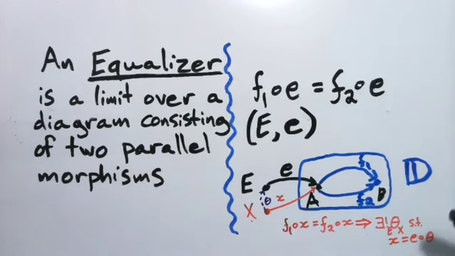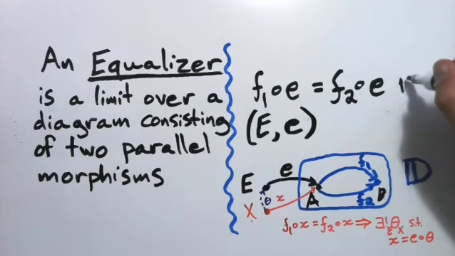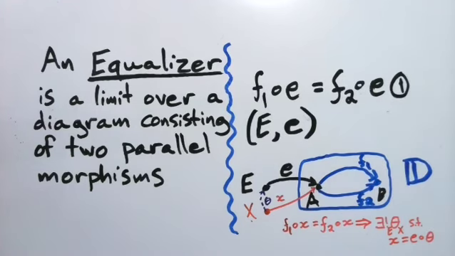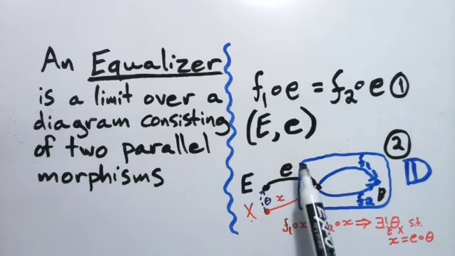So if you have a double in your category that satisfies these properties here, this is number one, which guarantees the commutativity property, and this is number two, which guarantees that it's a limit, that is a terminal cone, then you have an equalizer. And if that's the case, we call this the equalizer morphism, the second half of that pair.